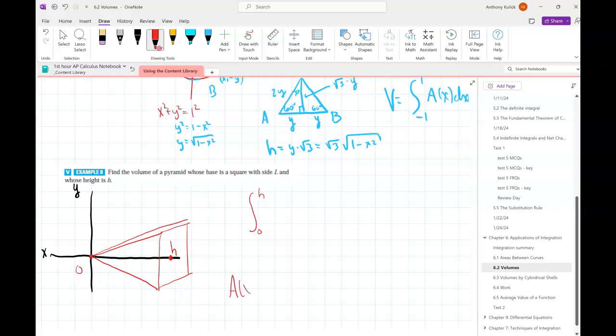And my area function is a square, so side length squared. If I take any old thingamajig here, that's going to be like 1/2 L, right?